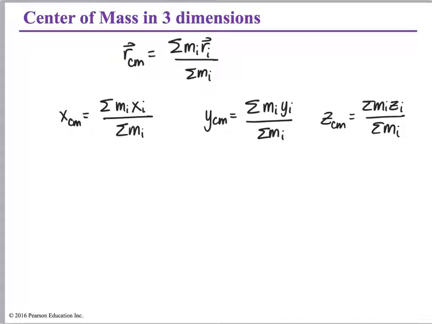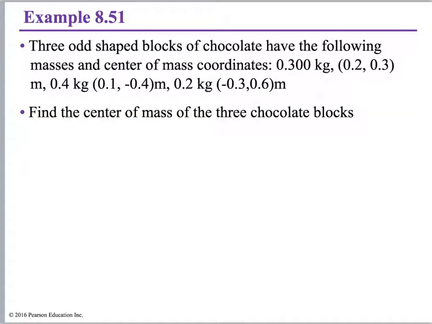So let's look at how we might use this. Here's an example. I have three masses, and they're at these different coordinates. This is the x coordinate and this is the y coordinate. We want to find where the center of mass of these three blocks is. To find the x center of mass, I take the first object, whose mass is 0.3 kilograms, and its x coordinate is 0.2.